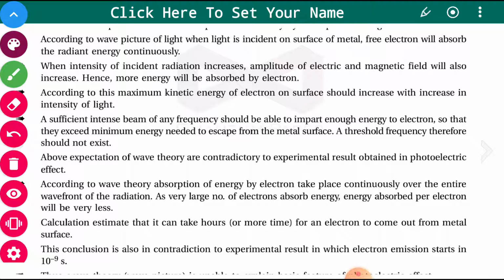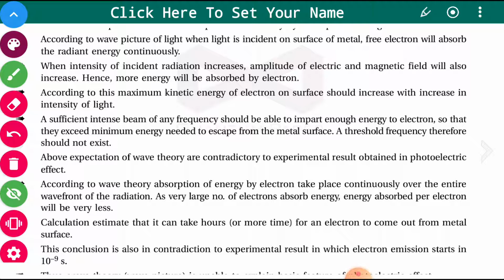According to the wave picture of light, when light is incident on the surface of a metal, free electrons will absorb the radiant energy continuously. That is the main assumption.